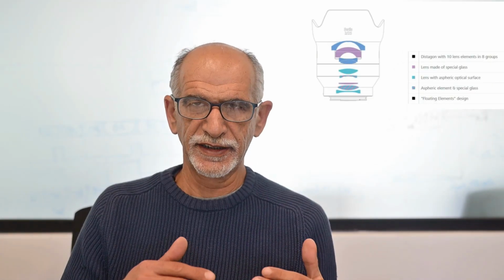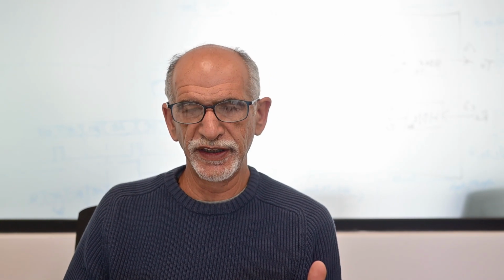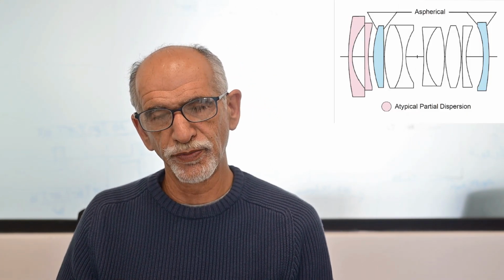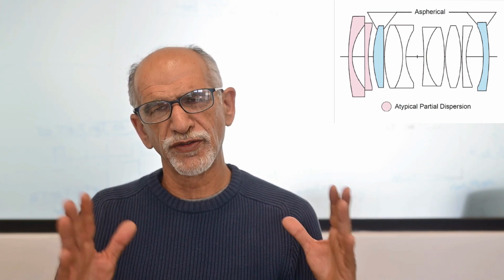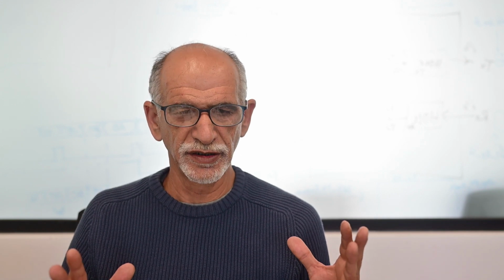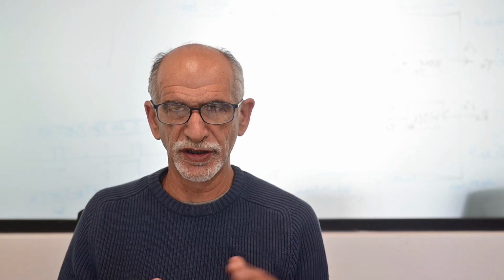Lenses such as the Zeiss Batis 25 millimeter f2 or the Falkland 21 millimeter f1.4 or the new 28 millimeter f1.5 have quite a bit of chromatic aberration, although they contain a few elements made of this partial dispersion glass.